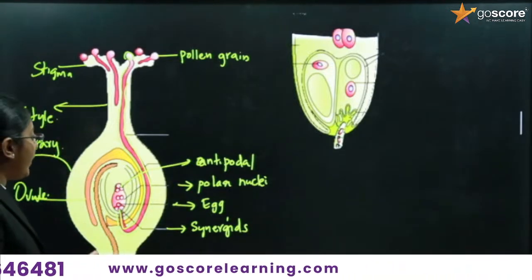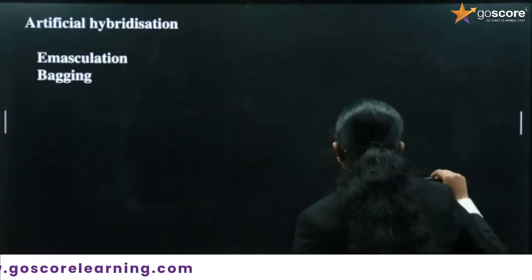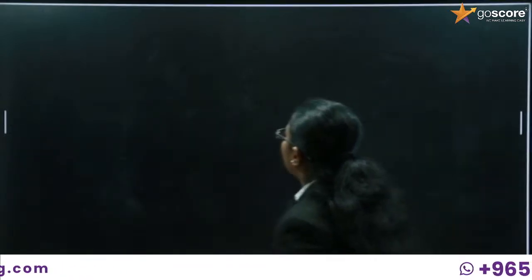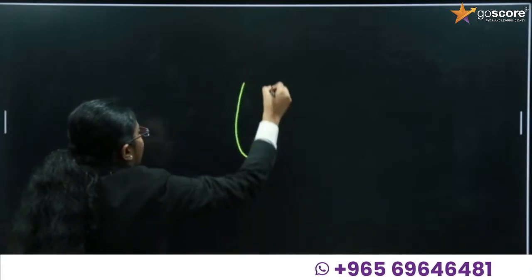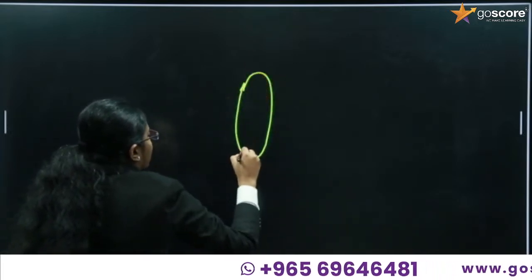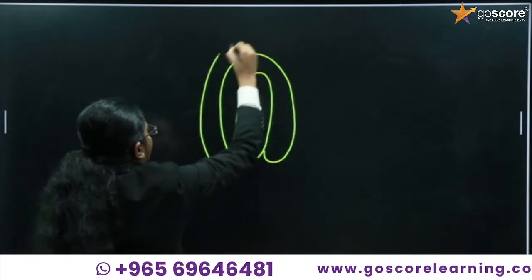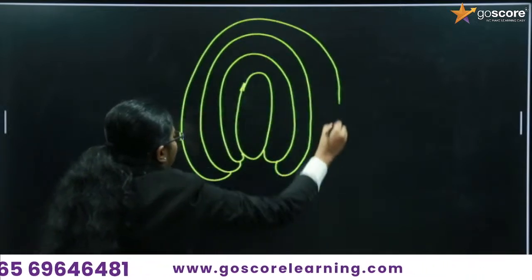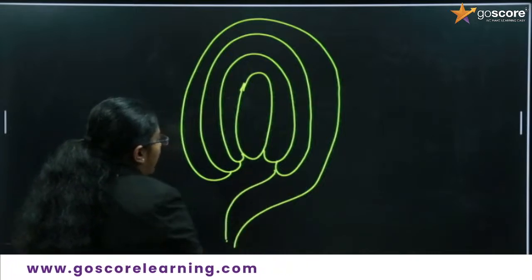Okay, so when it reaches the micropylar region, we can say this is an embryo sac, where it has a nucellus. Then it has an inner integument, then an outer integument, and this is the funicle.